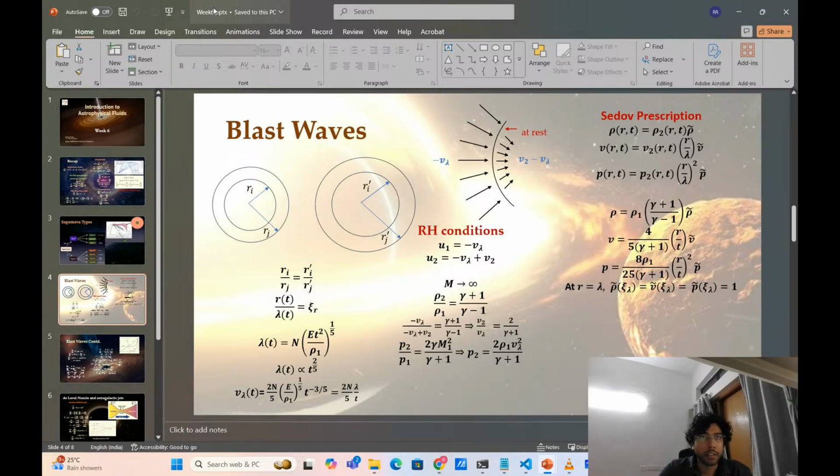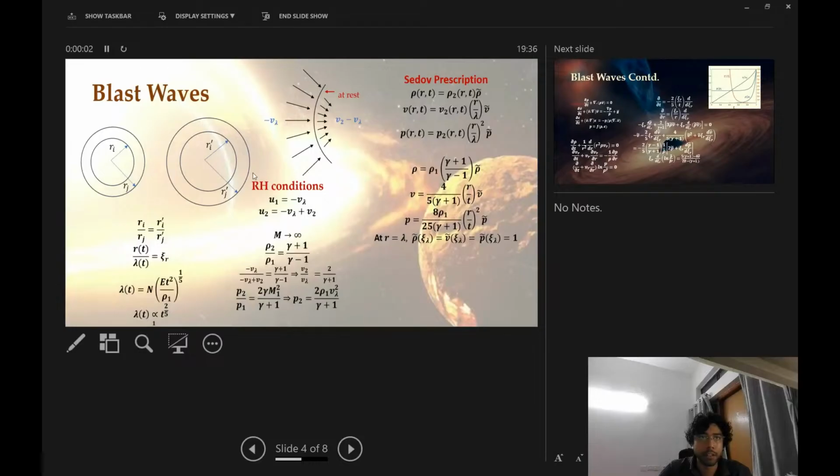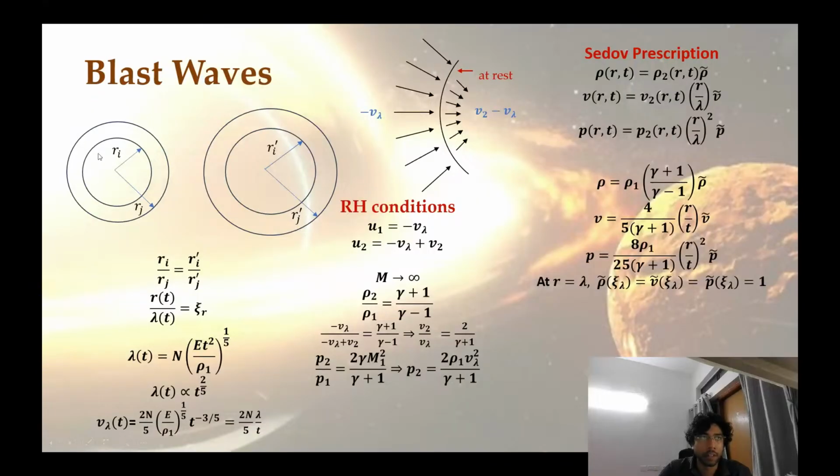Now, as we are seeing that these blast waves are there, we assume something called self similarity in this. For example, you see this Ri and Rj. Let's assume that these are two different radii which are expanding, just as we saw in the previous video that the shock front is expanding and pushing other matter along with it.